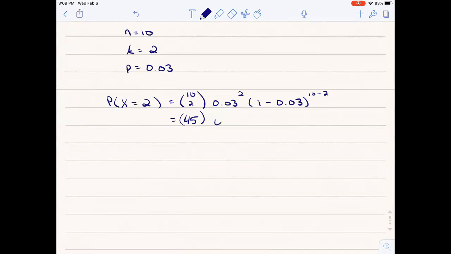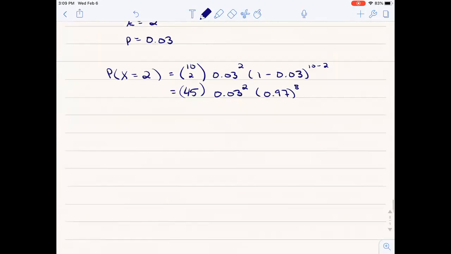And then I'll just leave 0.03 to the power of 2 here because I'm going to simplify this other portion. 1 minus 0.03 is 0.97 to the power of 10 minus 2, which is 8. Just kind of showing my work as I go here. So then I get 0.03 to the power of 2.